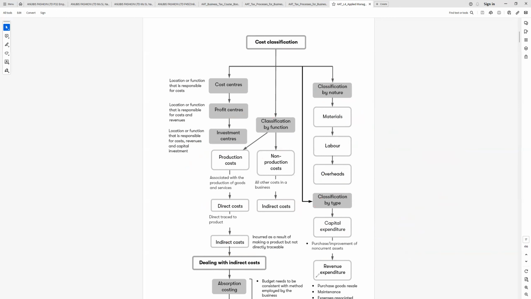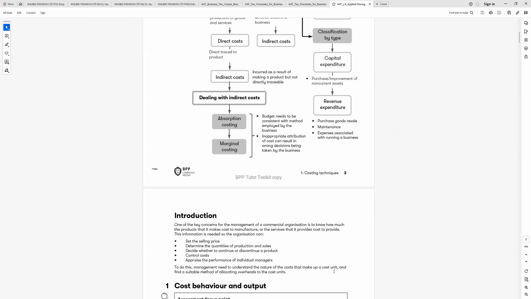The next thing we have here, how to allocate this cost. Now here we're going to look at the costing method. So we have absorption costing and we have marginal costing. These two are very common methods to calculate the unit cost. The basic difference between absorption costing and marginal costing is that under absorption costing, we calculate the OAR, that is overhead absorption rate.